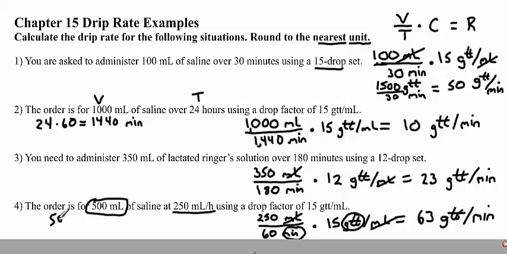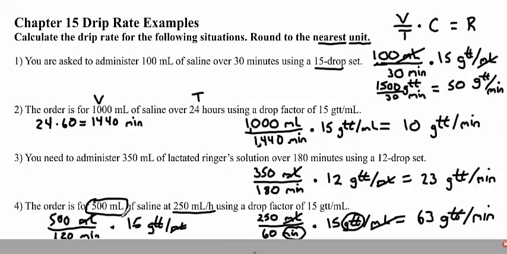So an alternate way would be to take the total volume of 500 milliliters and divide it by 120 minutes. That's because that's 2 hours. And times by the calibration, which would still be 15 drops per 1 milliliter. Then the milliliters divide out, and when you divide and multiply, you're still going to get 63 drops per minute.